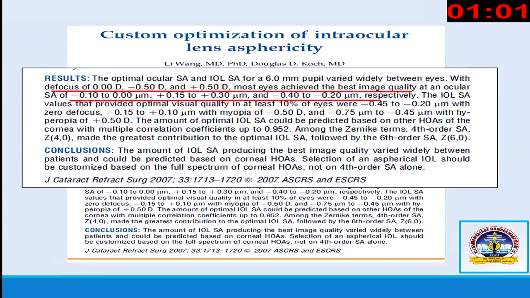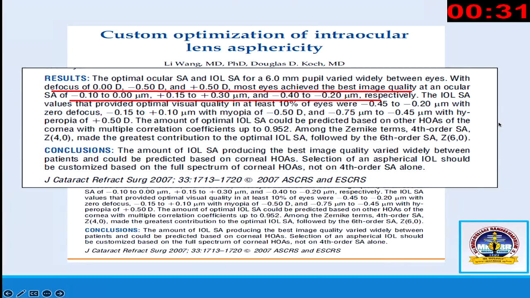Most eyes achieve the best image quality at a total ocular spherical aberration of minus 0.1 to 0 micron, and with minus 0.5 focus, plus 0.15 to plus 0.3 microns. And if you are aiming for hyperopic focus, the total eye asphericity should be this much.